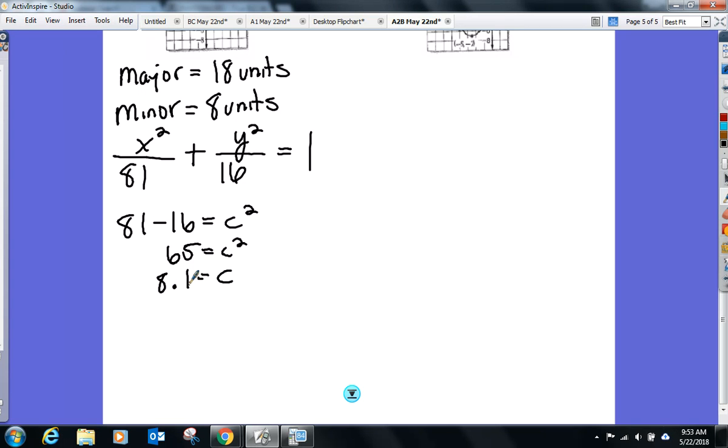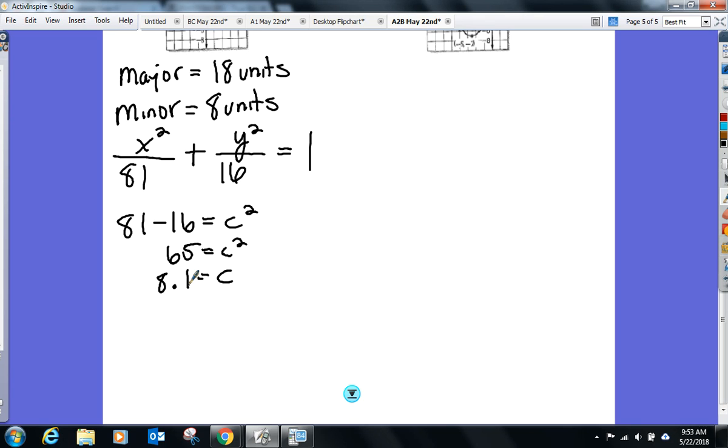All right. Can you explain to me what you're going to do with that 8.1 to find the foci? Where's it going to be located? The major. Where's the major? On the x-axis. What's your center? So from 0, 0, add 8.1, subtract 8.1, right?